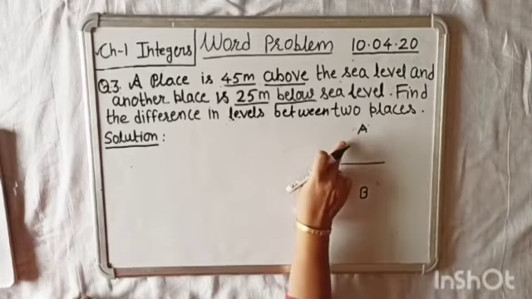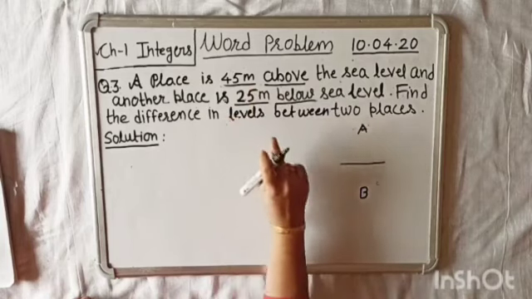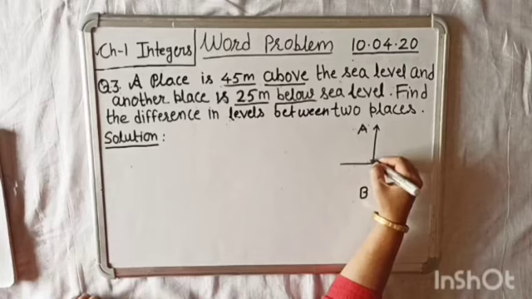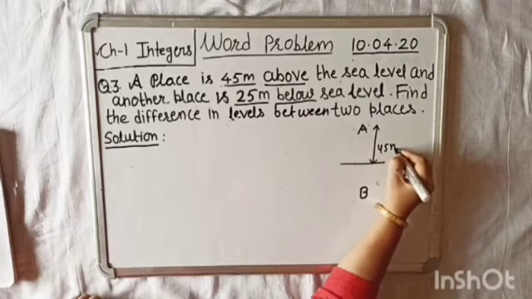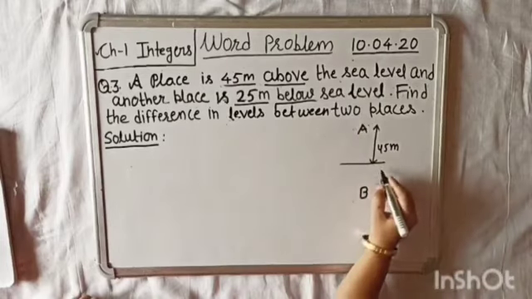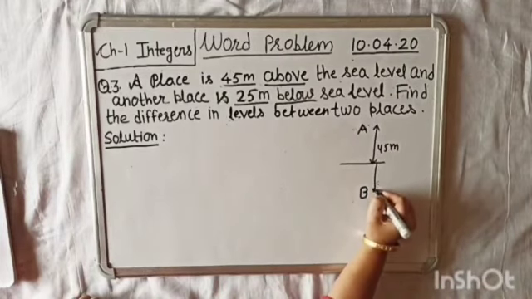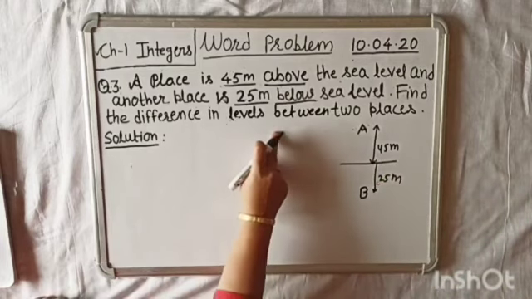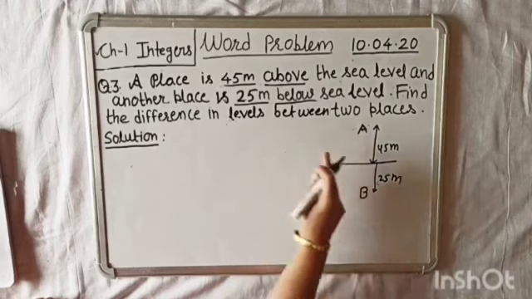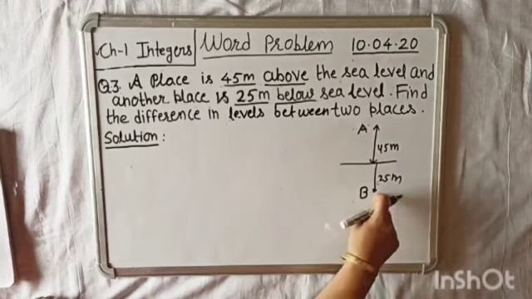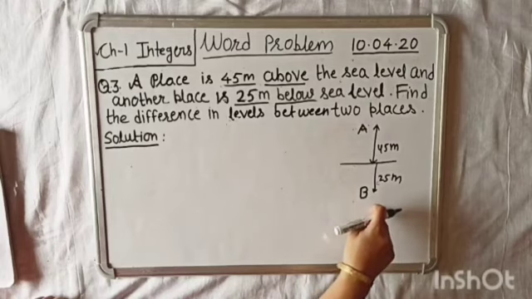The place A is 45 meter above the sea level. It means its distance is 45 meter. And the distance of the second place is 25 meter below sea level. Find the difference in levels between these two places.